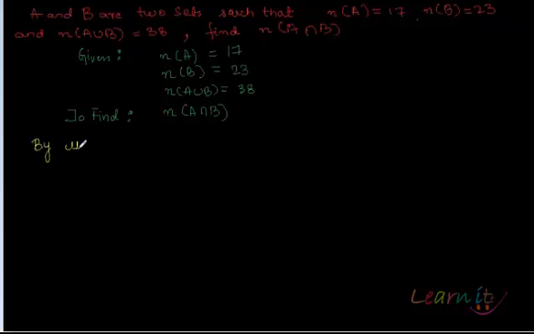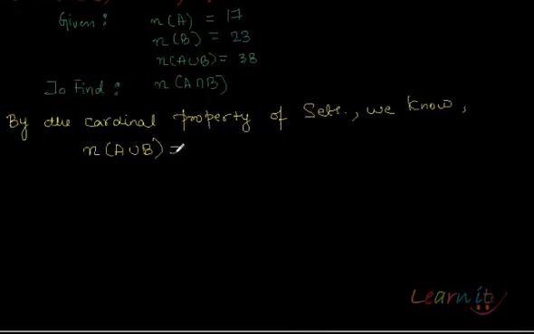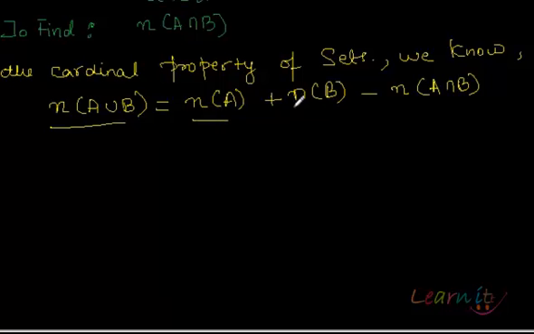So by the cardinal property of sets, we know n(A union B) equals n(A) plus n(B) minus n(A intersection B). Now we have this, we have this, we have this.